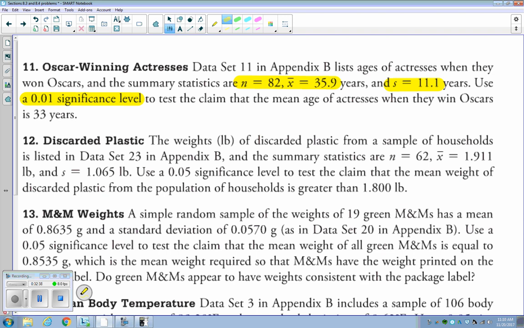My claim, how am I going to write my claim symbolically? Mu equals 33.